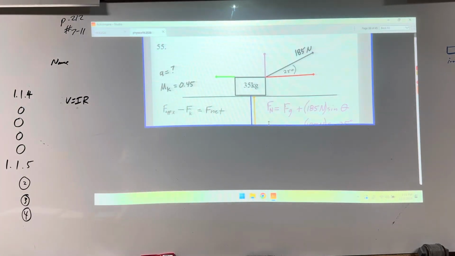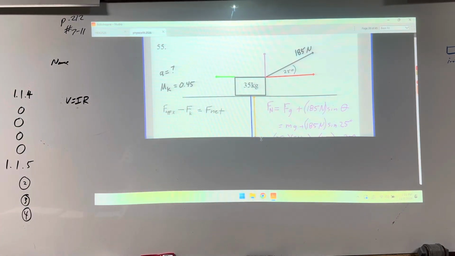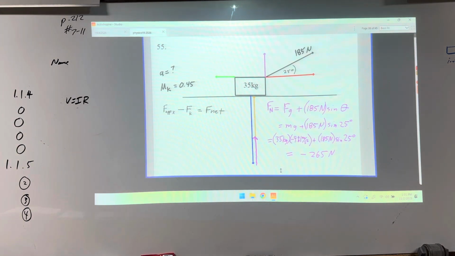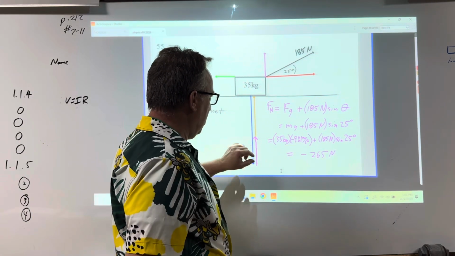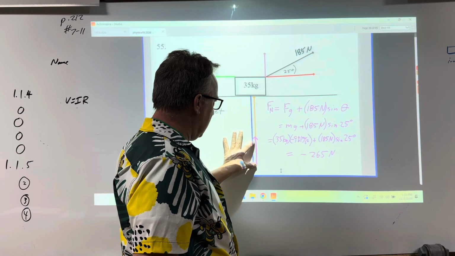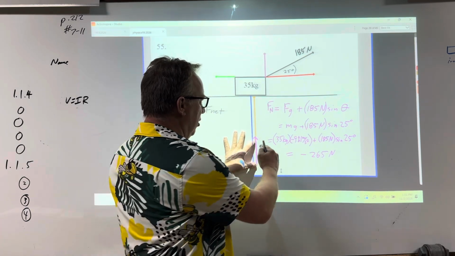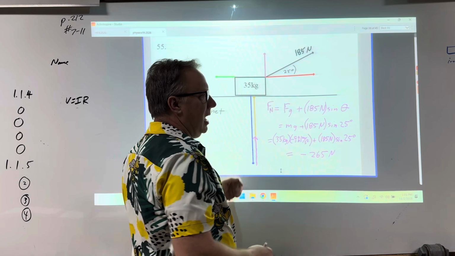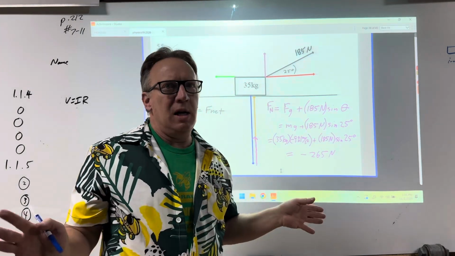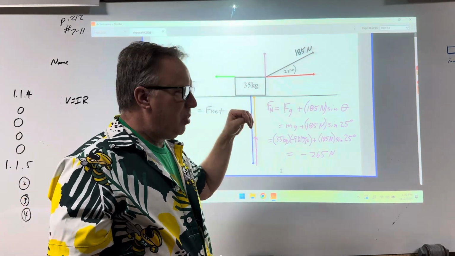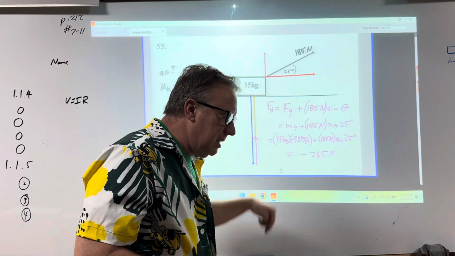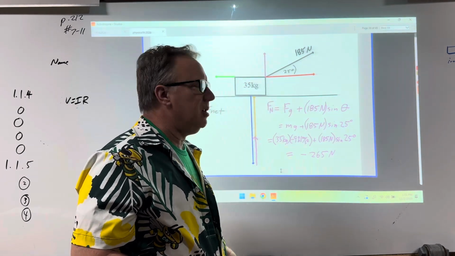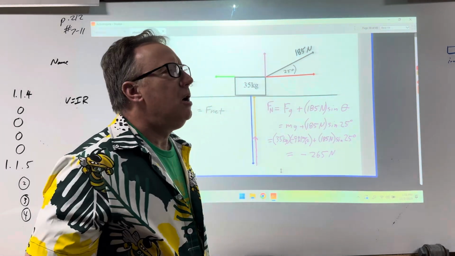So what I've done is just find the normal force first. If I move this one down here, my normal force would be this. So it'd be my gravity minus that. Now, I'm going to throw away my negatives here and not pay attention to the fact that gravity's down negative and this is up positive, because that'll get confusing.